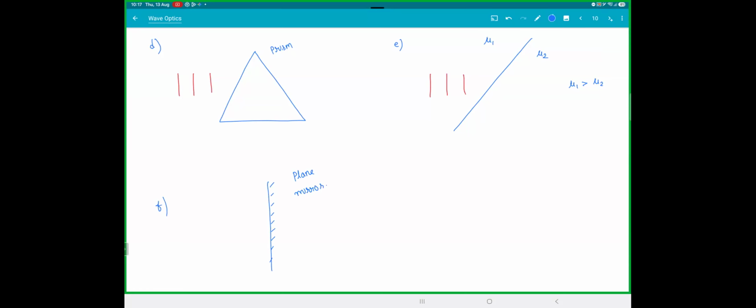If you have a plane mirror, if you send these, then what will come after reflection?